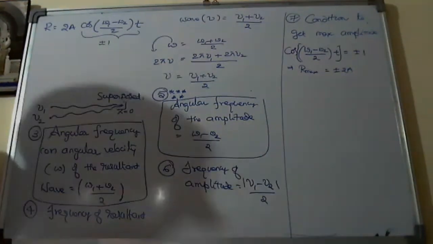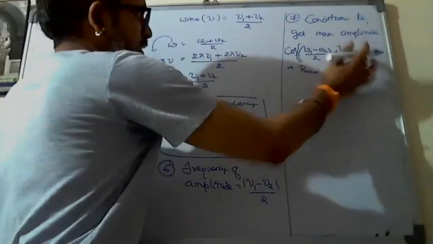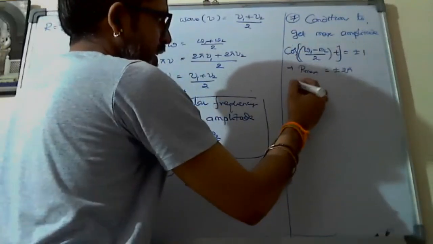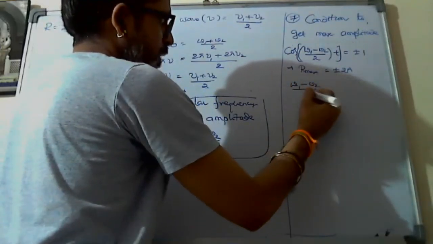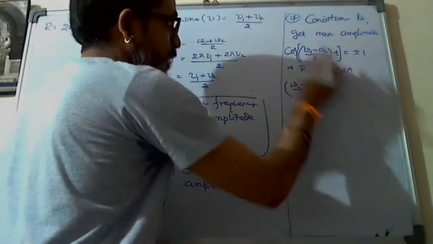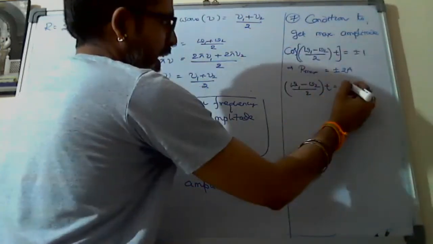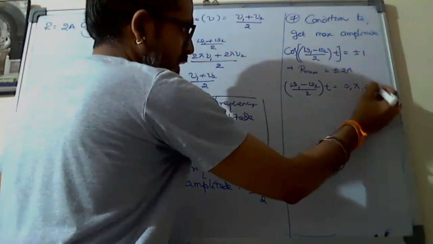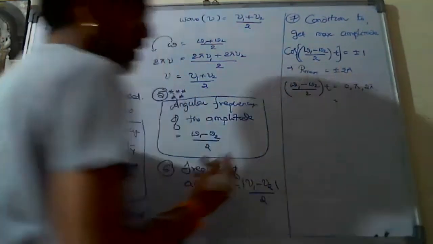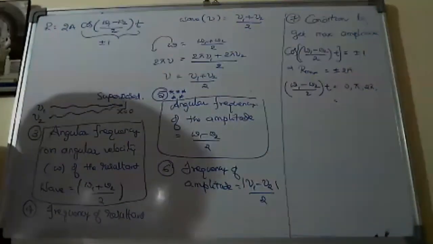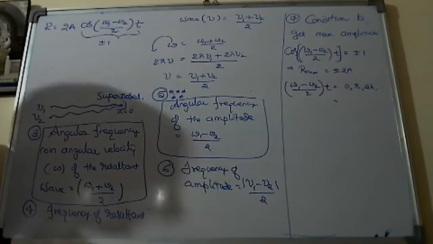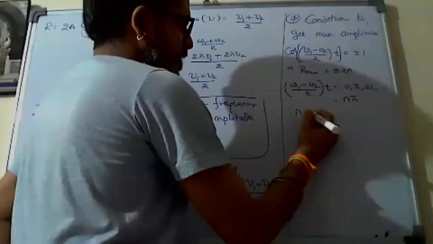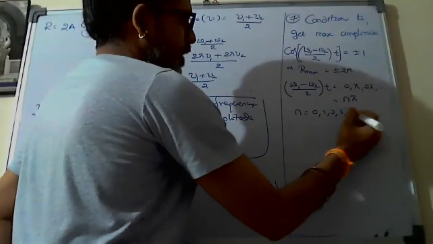Theta here, which is (omega 1 minus omega 2) by 2 into t, will be either 0 or pi. So it equals n pi, where n starts from 0, 1, 2, 3, and so on.